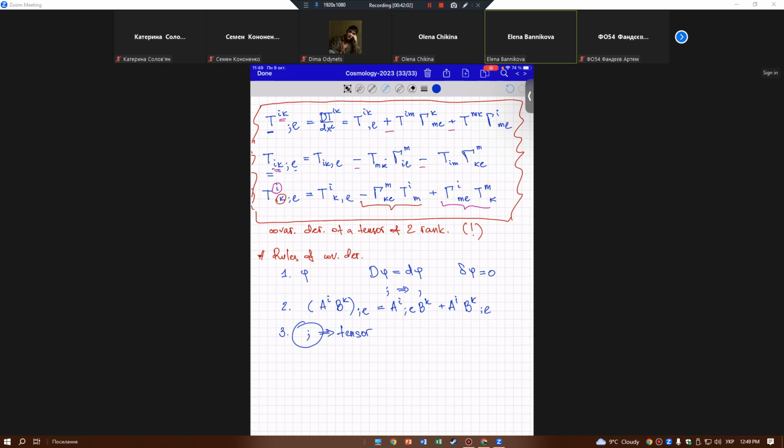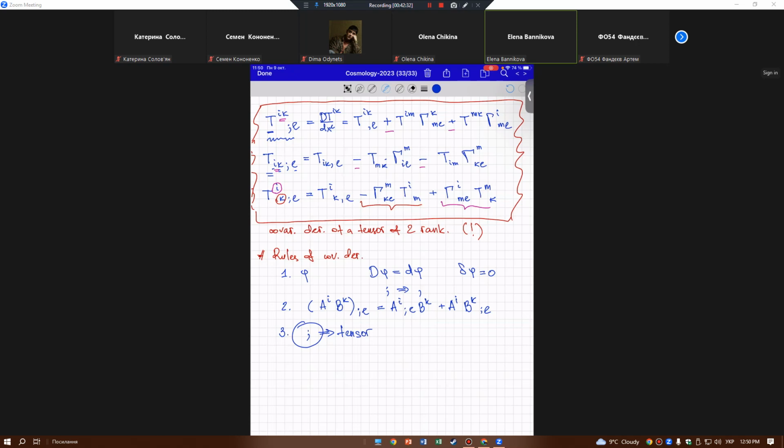If we apply the covariant derivative on a tensor of second rank, finally we obtain a tensor of the third rank. Since finally we have a tensor, by definition we can apply the same rule of raising and lowering of indexes.